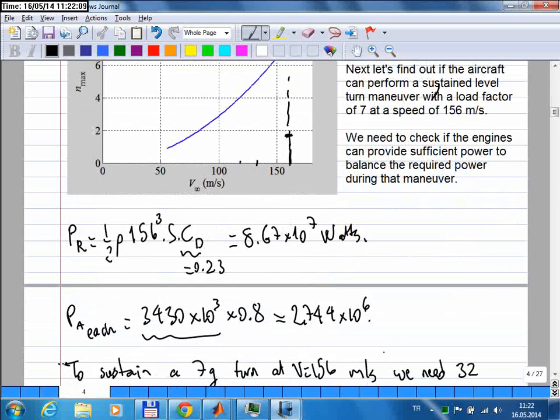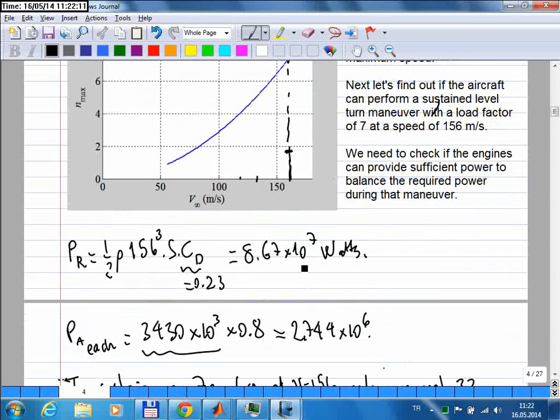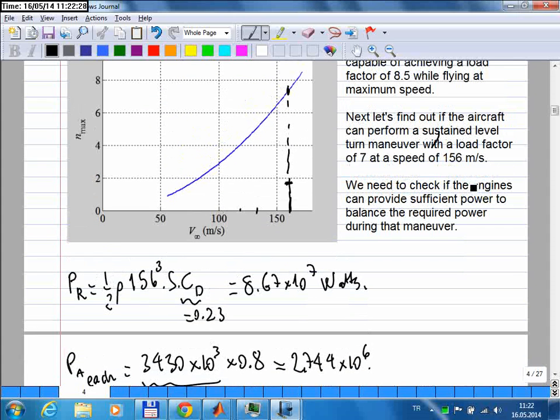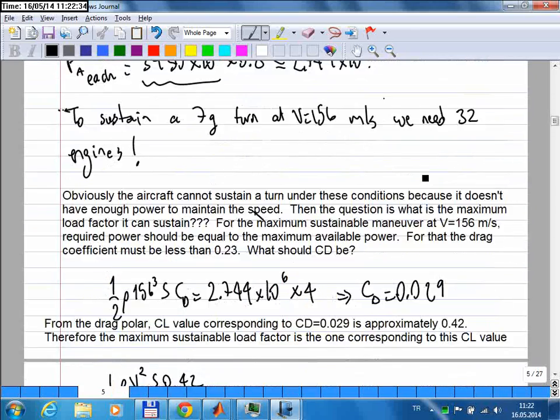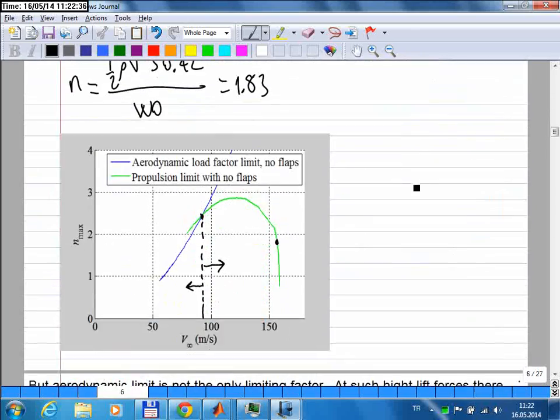Then you will go back to these calculations and say that if you want to sustain those maneuvers, you need much more power and strong enough engines. Obviously, you cannot fit 32 propeller engines on that aircraft. But by installing, for example, jet engines, more engines that can give more thrust, you can make that C-130 perform 7G maneuvers according to these two limitations. Okay?